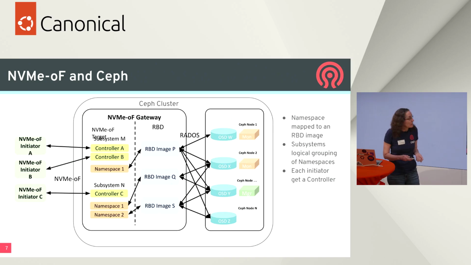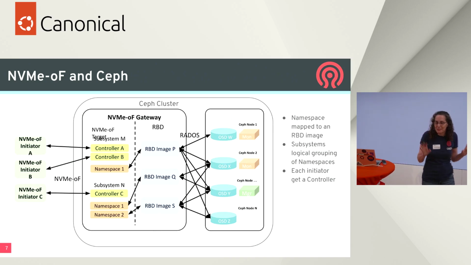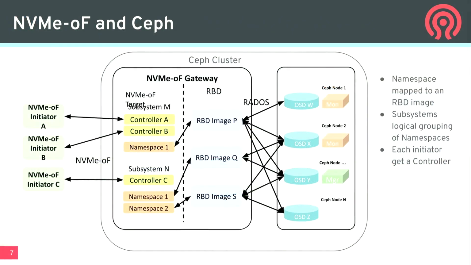So let's look at the gateway. First of all, about NVMe, every protocol needs to be special. NVMe doesn't have LUNs or volumes. We call them namespaces. I don't know why. An NVMe namespace maps one-to-one to an RBD image, or a volume, so to say.